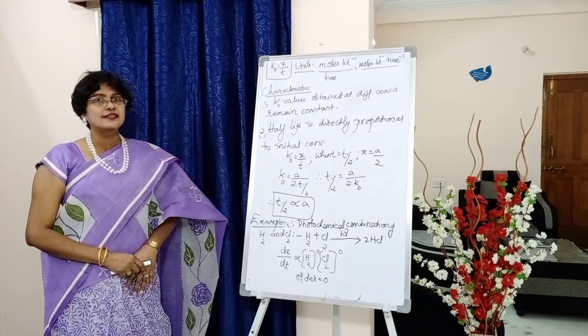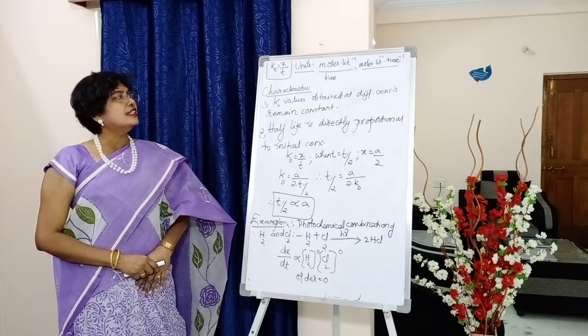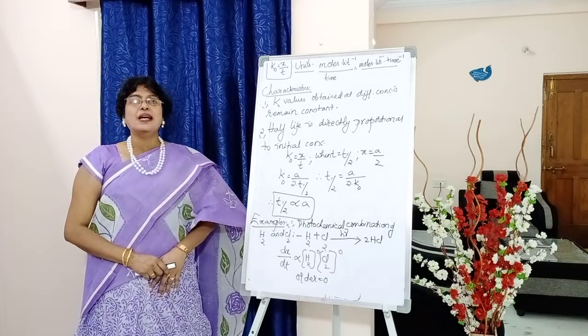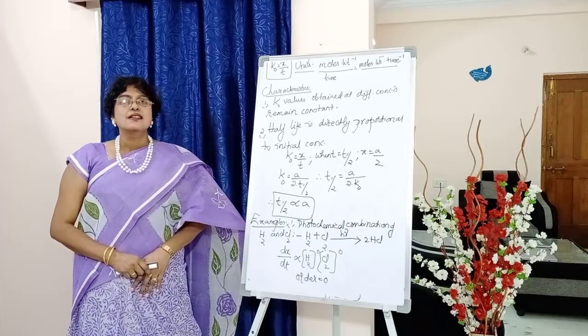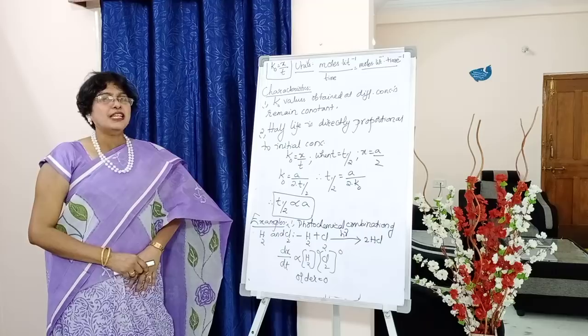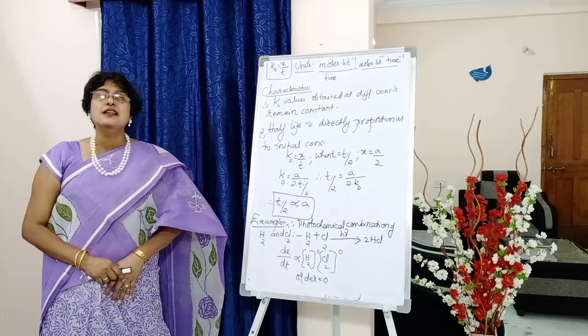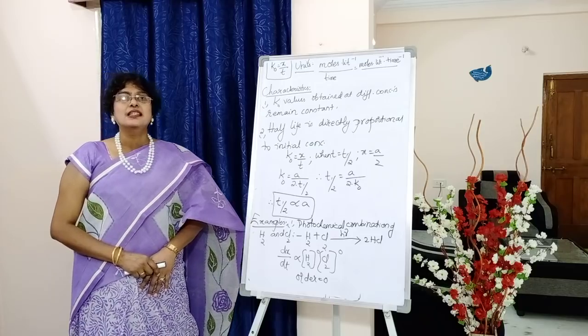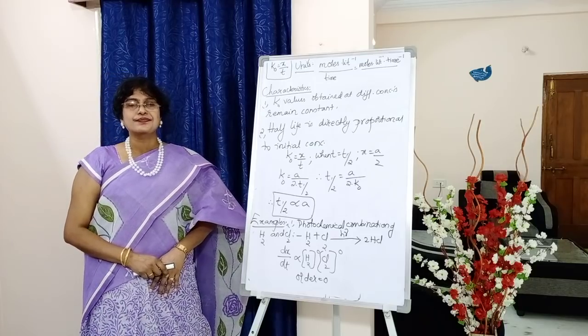Okay, written? Moles, liter inverse, time inverse. So you need not memorize the units, students. Once you derive the expression, from the expression itself, you can write down the units. Don't try to memorize the units of K1, K2 and K0.